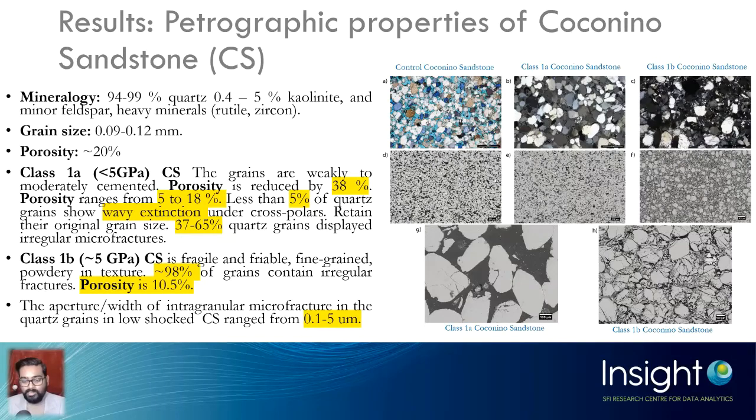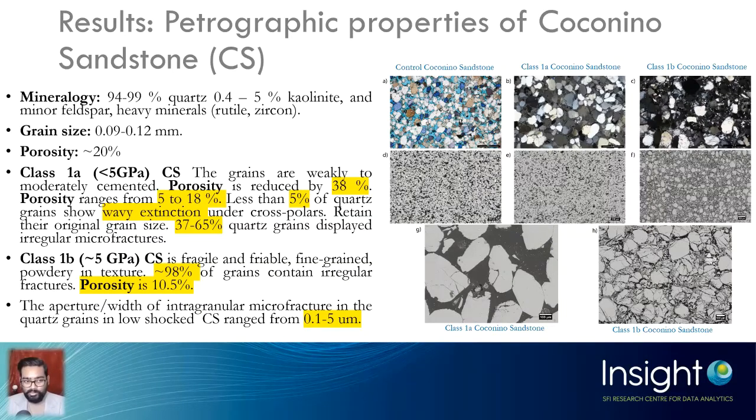In terms of petrographic properties of non-impacted Coconino sandstone, it consists of 94 to 99% quartz and minor clay minerals and heavy minerals. The grain size ranges from 0.09 to 0.12 millimeter. The porosity can range up to 20%. And when these rocks undergo impact, so class 1A rocks, we see the porosity is reduced by 38% and less than 5% of the grains show wavy extinction under cross-polar optical microscopy.